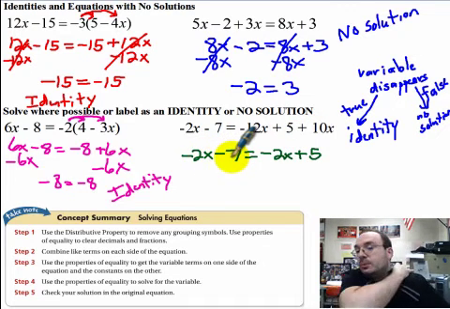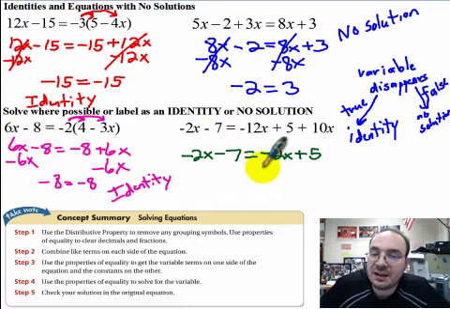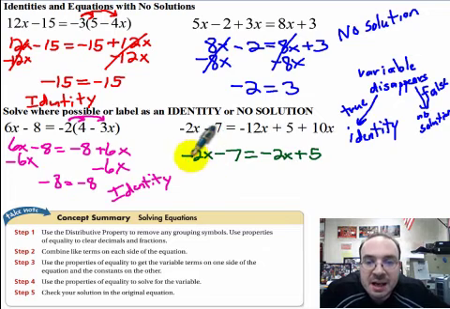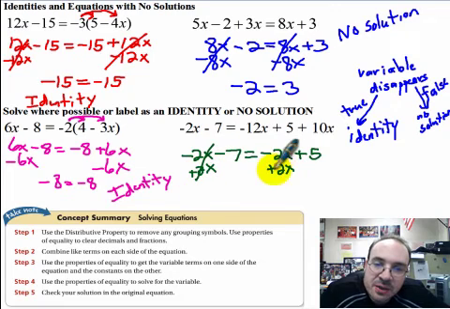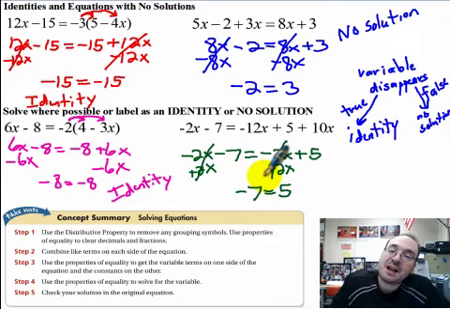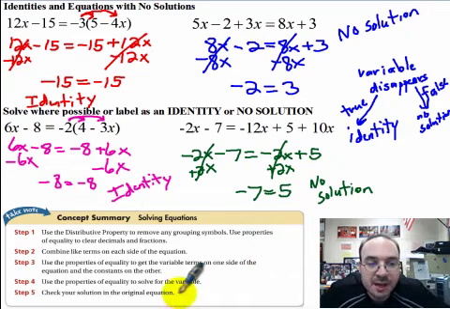At the very least, you should be able to do it with your calculator. Just remember to add the x when you're done. Now I have a negative 2x on both sides, so I'm going to add 2x to both sides. And those cancel. I get negative 7 equals 5. Since that is never true, that means there's no solution. No matter what I try to plug in for x, I will never get it to work.